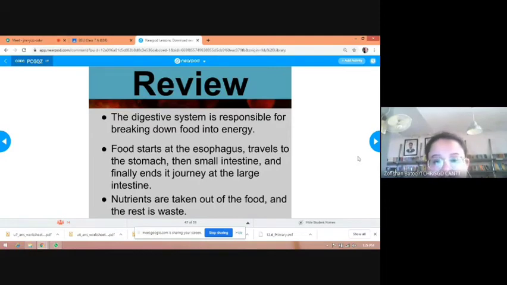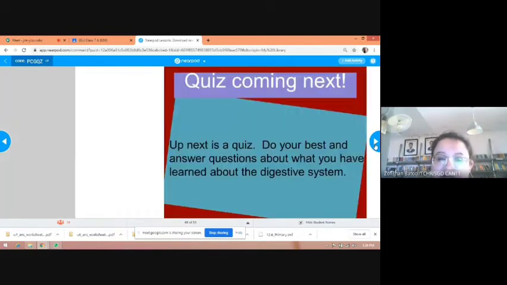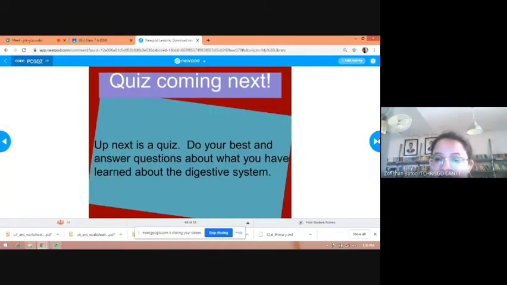Food starts its journey from the mouth, then to the esophagus, down to the stomach, then the small intestine, and finally it ends its journey at the large intestine. Nutrients are taken out of the food and the rest is expelled as waste.